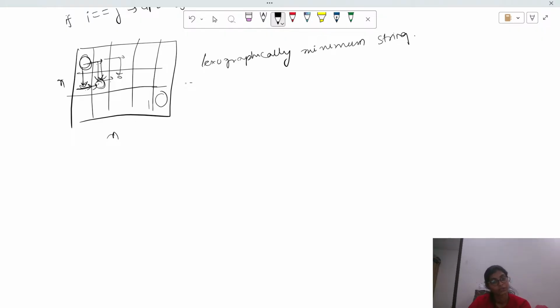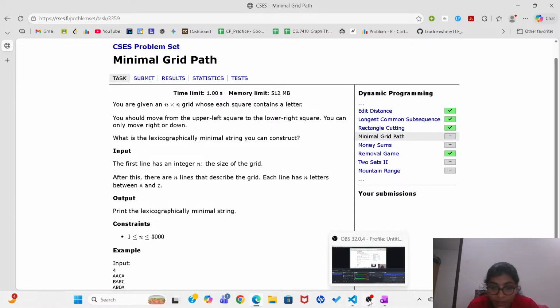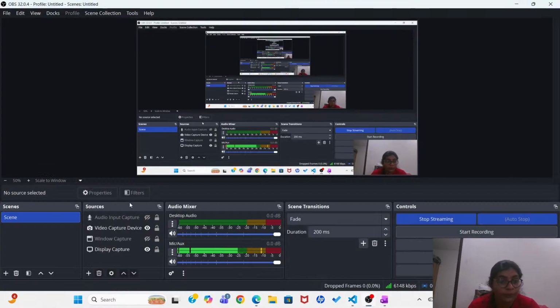We have to store the entire string, but storing entire string is costly. I'm muting my mic now because I need some time to think about this problem. I'll unmute it later once I get an idea, okay?